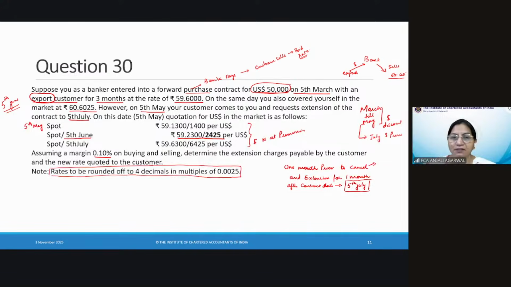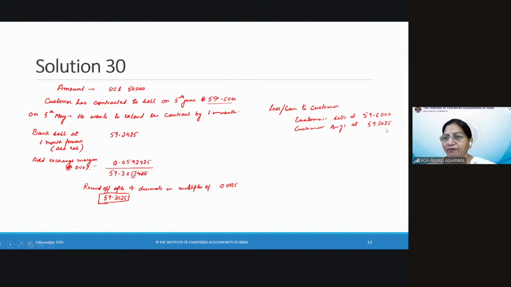So just because the dollar was at discount from March to May, the customer who had said that he will be exporter, who was selling at 59.60, is buying at 59.3025. So there is a gain to the customer.